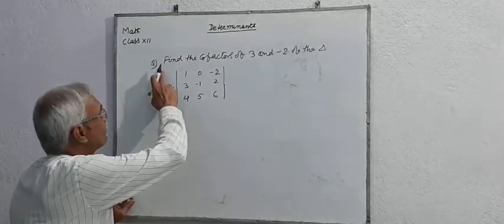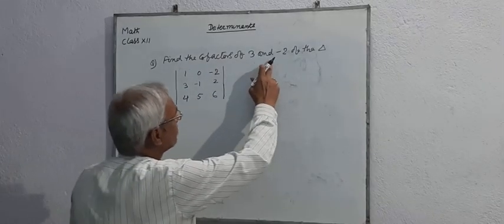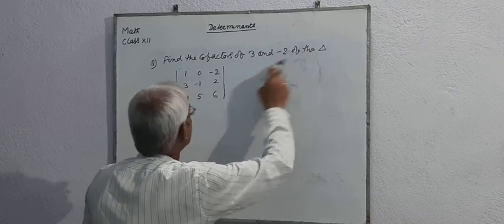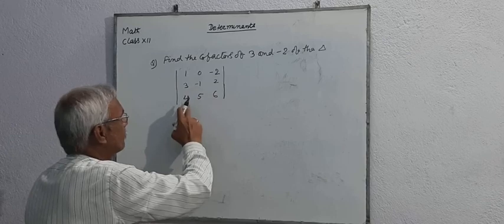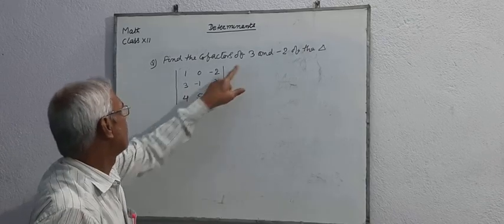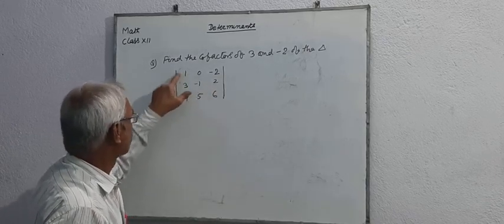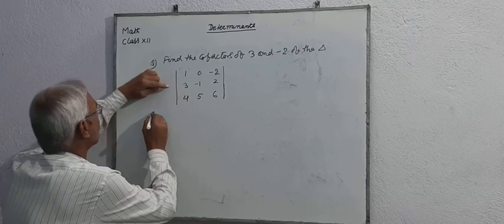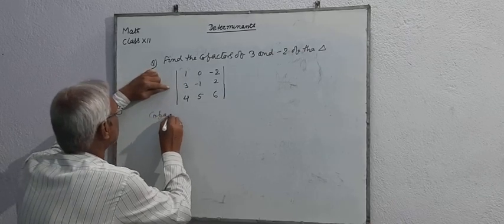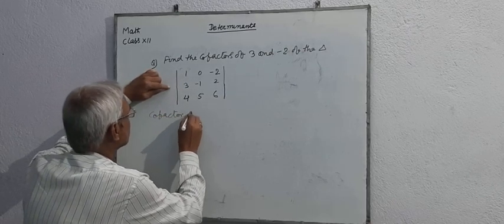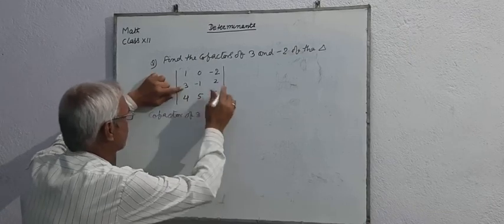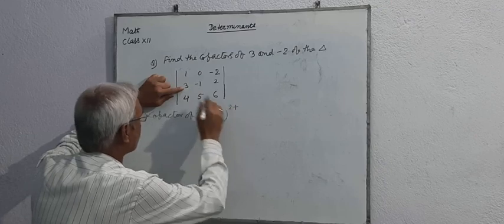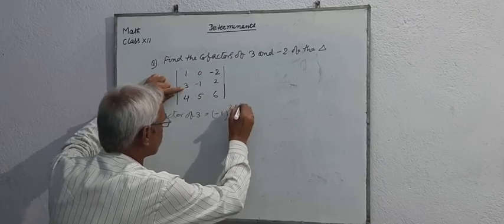Another question. Find the cofactor of 3 and minus 2 of the determinant 1, 0, minus 2; 3, minus 1, 2; 4, 5, 6. 3 lies in the second row and first column. Cofactor of 3 equals minus 1 to the power 2 plus 1.